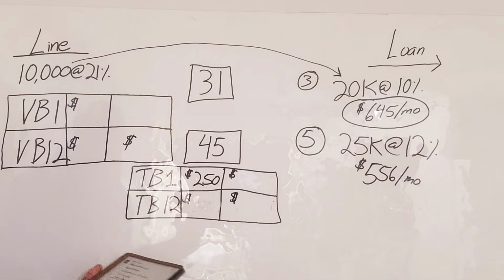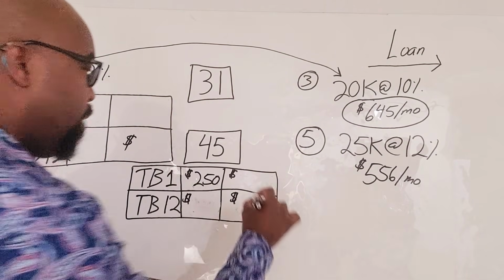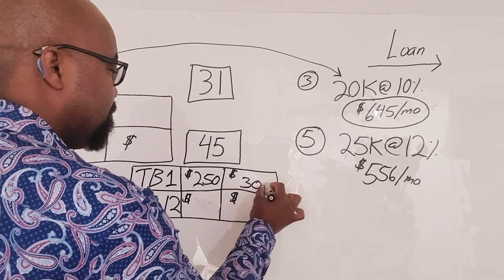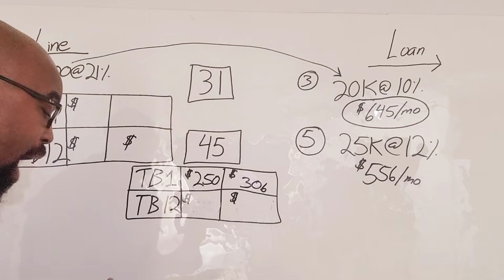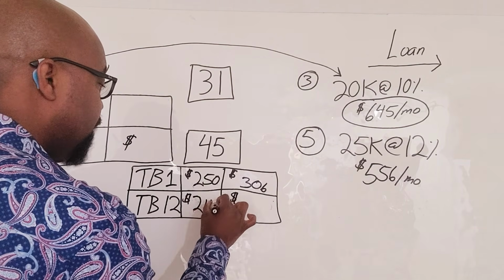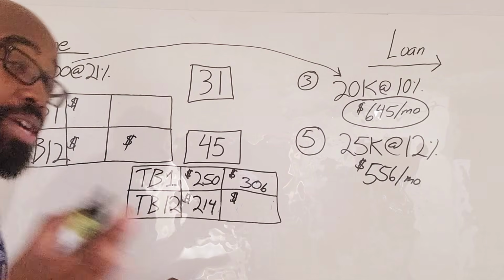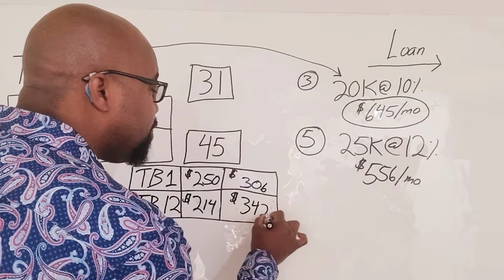But the $250, and over here on month one, $306. Now, that's month one. On month 12, we have $214 going to the bank, and $342 going towards the principal.